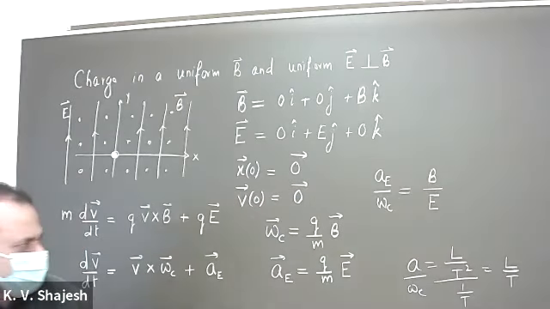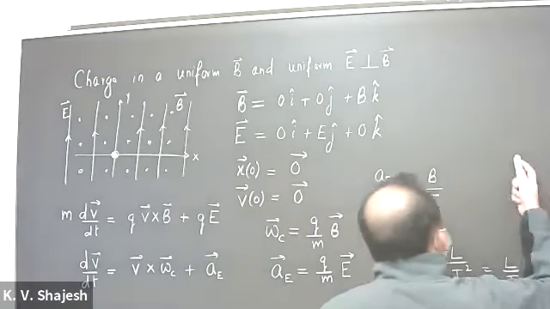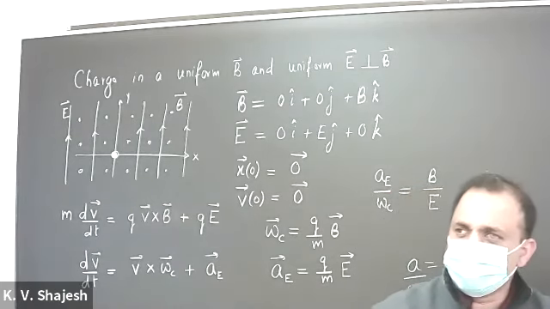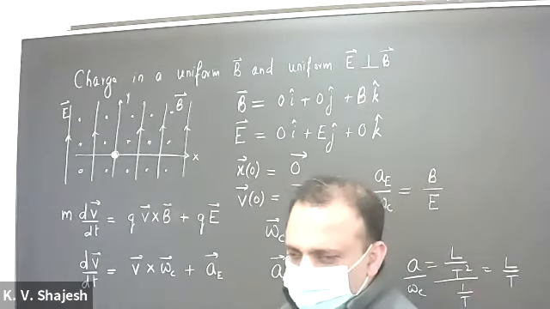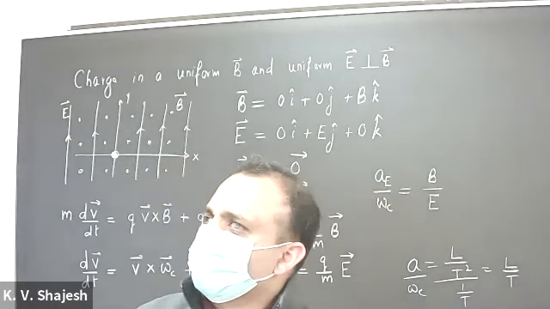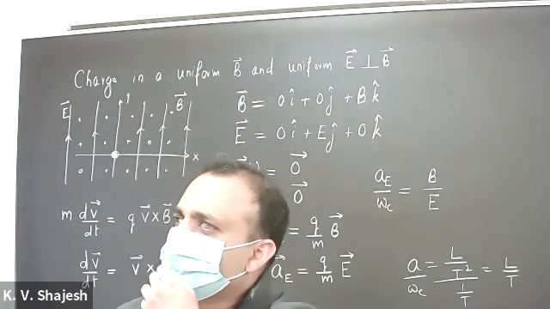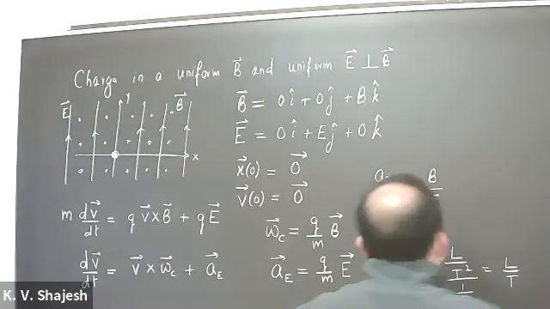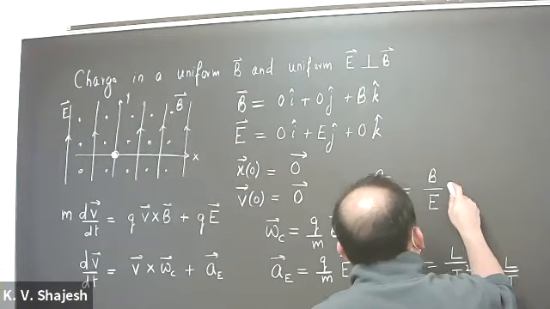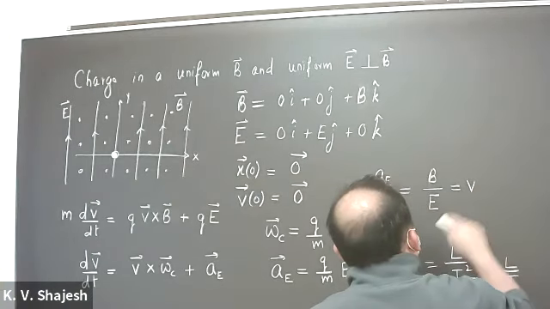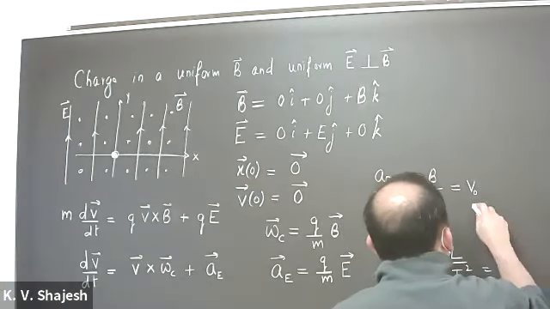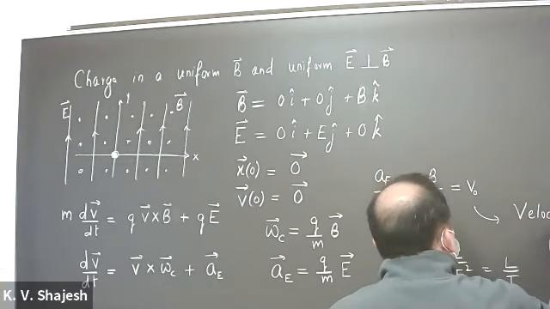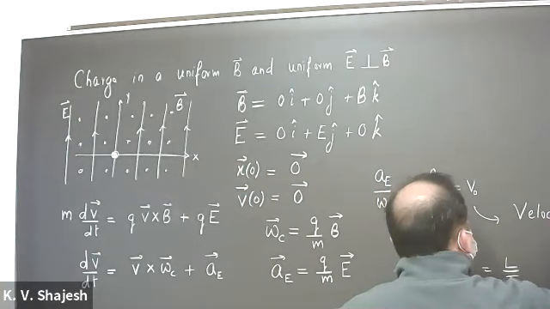Quiz: if you want to design an experiment where you want only charged particles with a specific velocity coming out of a beam, what would you use? That's called a velocity selector. So let's call this v naught. This shows up in a velocity selector.